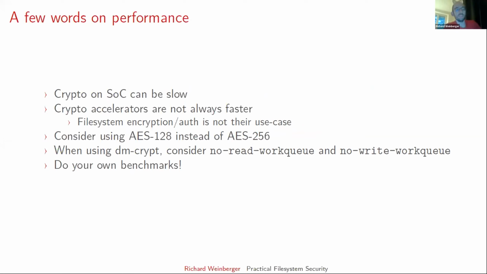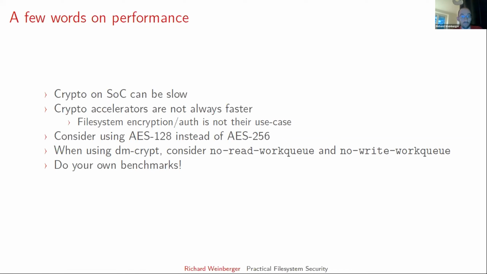Then let's talk about crypto on systems on chips. On small systems, crypto can be very slow. And even a crypto accelerator isn't always the silver bullet, because they only perform well in burst mode. When you're constantly firing data into it, they are fast, but they have a huge latency, and a file system operation is usually not something for burst mode.